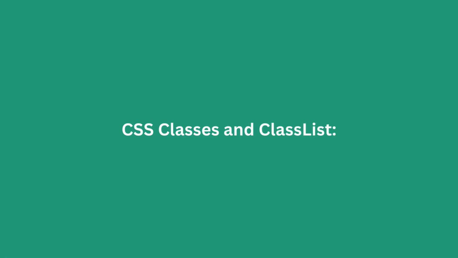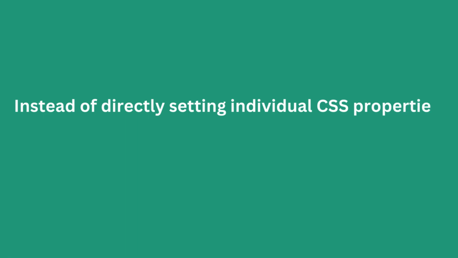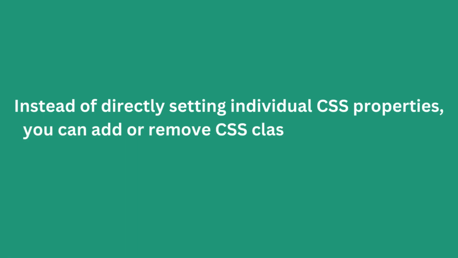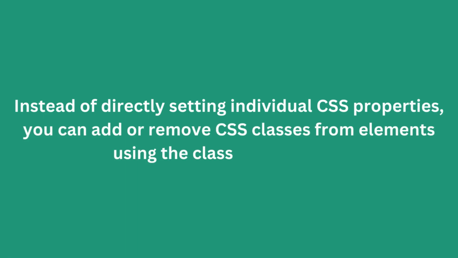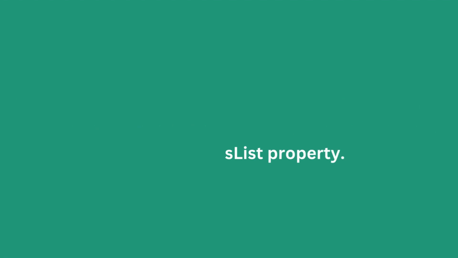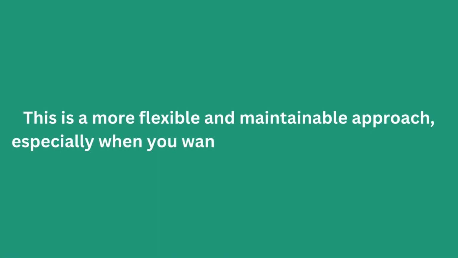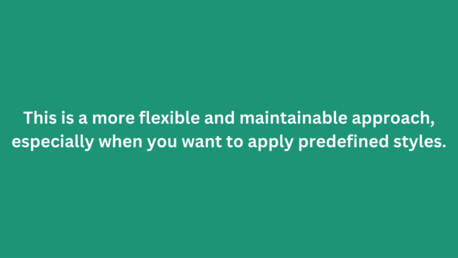CSS classes and classList. Instead of directly setting individual CSS properties, you can add or remove CSS classes from elements using the classList property. This is a more flexible and maintainable approach, especially when you want to apply predefined styles.